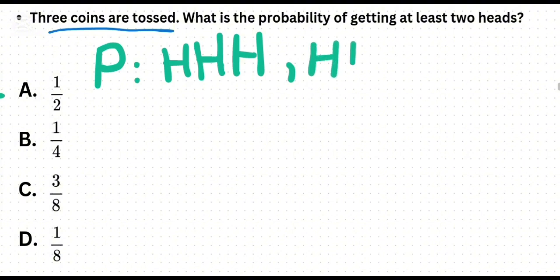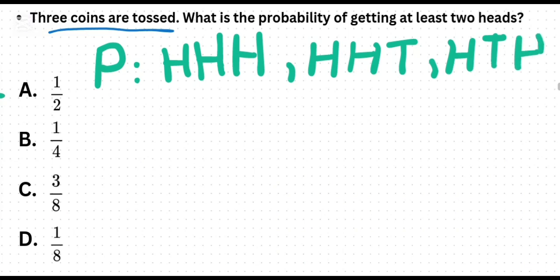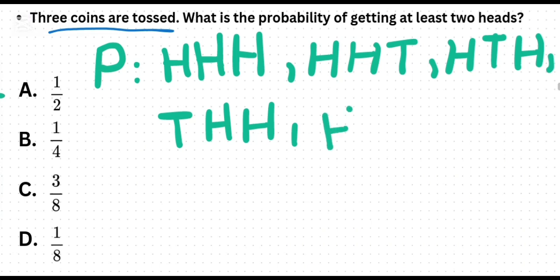The third is head, tail, head. The fourth is tail, head, head. The fifth is head, tail, tail.